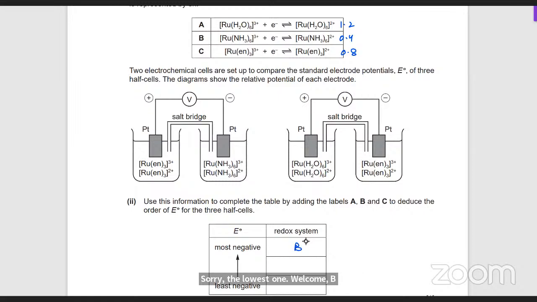The least negative one, that means the most positive one, that's A. और फिर बीच वाला, C बचा है. ठीक है, C will be the middle one.